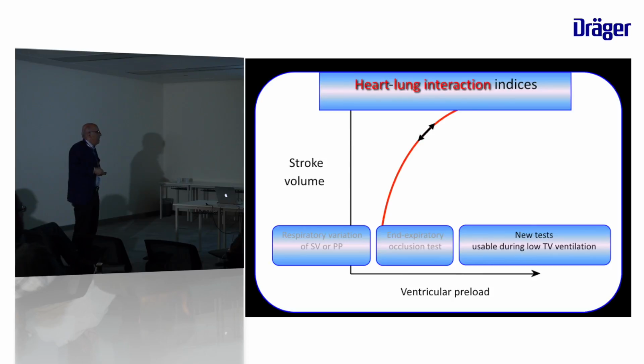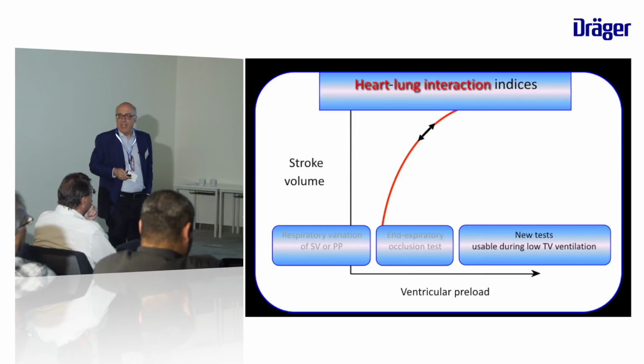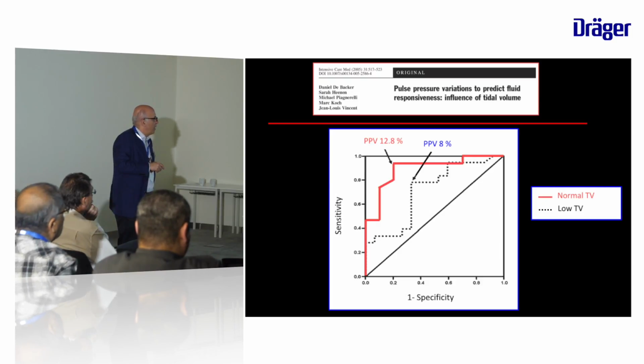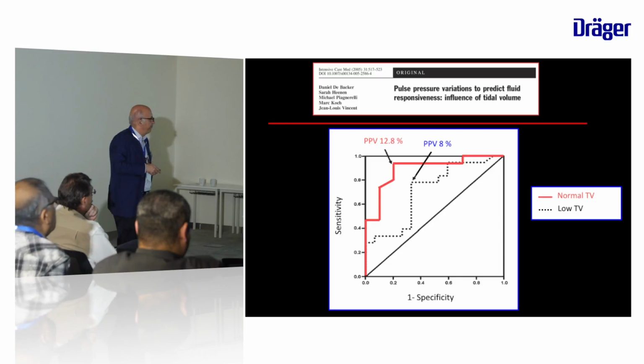Another possibility is to change the tidal volume. Because you see that if you do that at low tidal volume, especially for pulse pressure variation, you can have a reduction in the sensitivity of the use of pulse pressure variation.